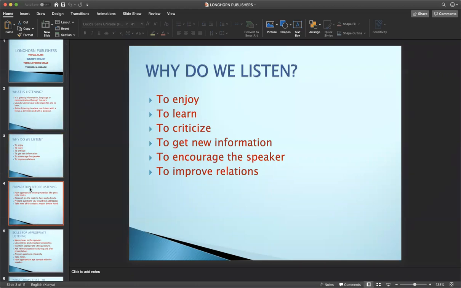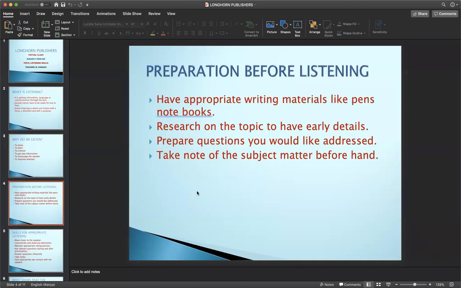Before you participate in active listening, there are various things that you need to do. You need to prepare before listening. You can have appropriate writing materials like pens and notebooks, which you will use to note down whatever you're going to listen to.